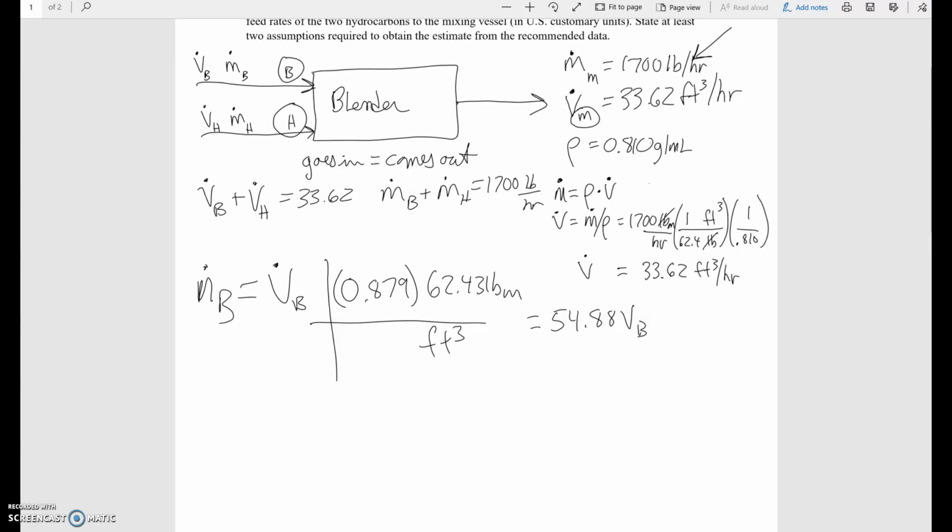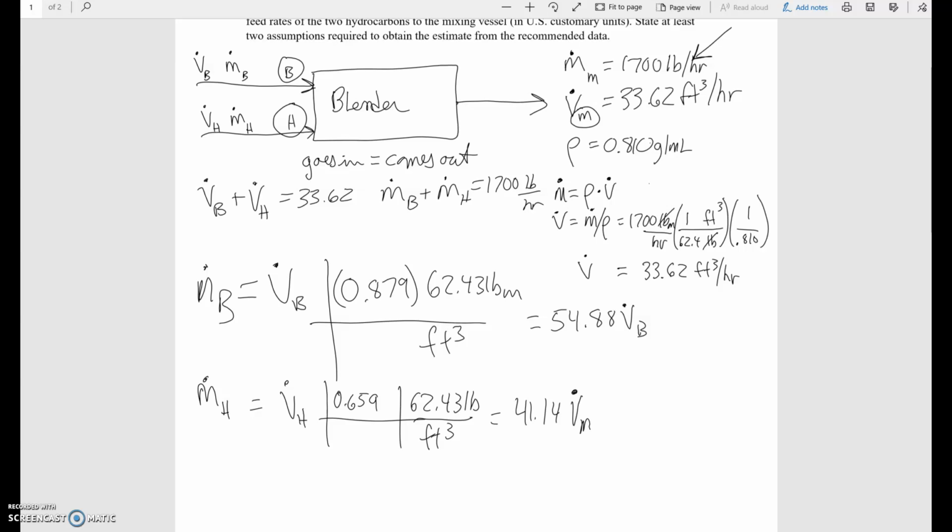And I can do the same thing for hexane. I can say the mass flow rate of hexane is equal to the volumetric flow rate of hexane times its specific gravity, which is 0.659 times 62.43 pounds per cubic foot, and I get a number that's 41.14 VH dot, and I should put dots here, right?